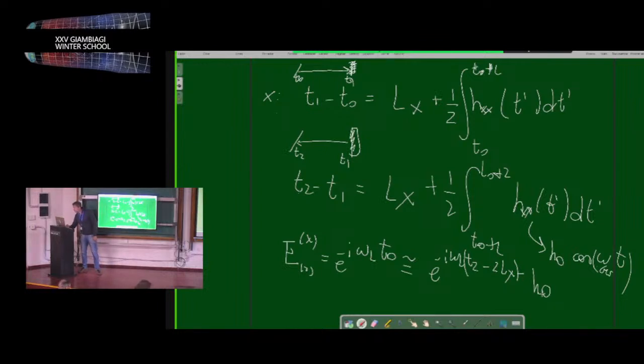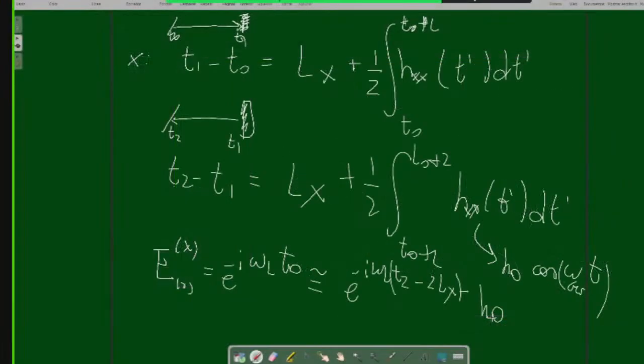We have to do the integral, and to be careful, this will give me a sinus of omega GW t0 plus L minus sinus t0. This will give me sinus of t0 plus 2L minus a sinus of t0 minus L. So this extremum cancels with this extremum, and then I get, let me make some space.